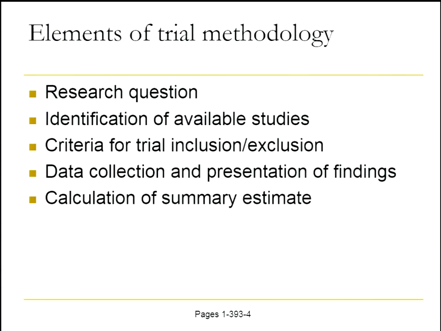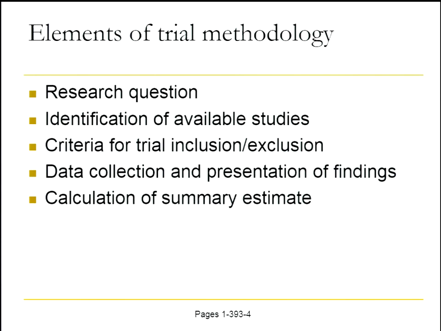Some other elements in the trial methodology: what's the hypothesis, or what's the research question? Just like a randomized controlled trial, how was each of the studies that are included identified? So let's say there are 20 studies in the literature about a particular subject.